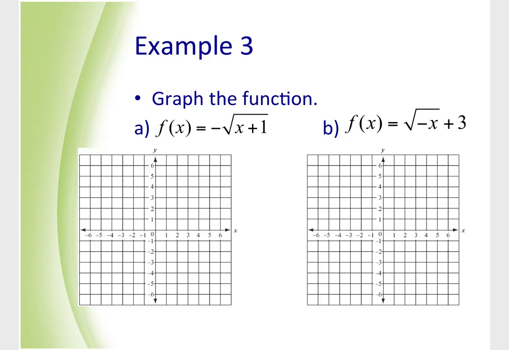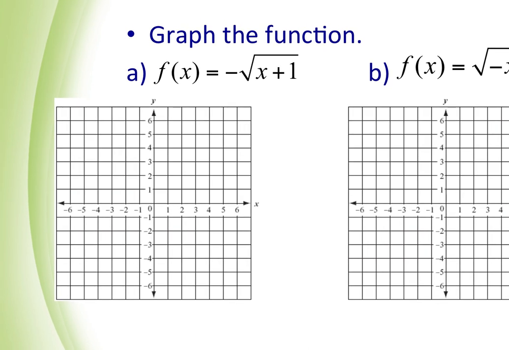All right, so now, what's our parent function? Square root x. What's happening to a? It's upside down because the negative in the front flips it over the x-axis.